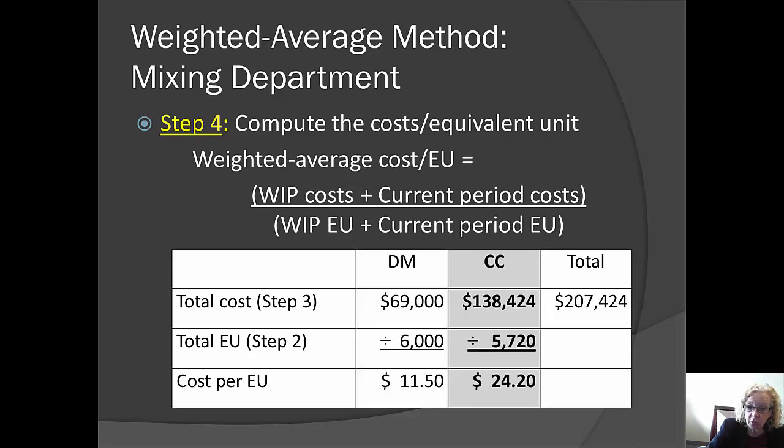We can play the same game for conversion costs. We can take the total conversion cost from step 3. We can divide by the total number of equivalent units from step 2, and that will tell us the cost per equivalent unit for conversion.